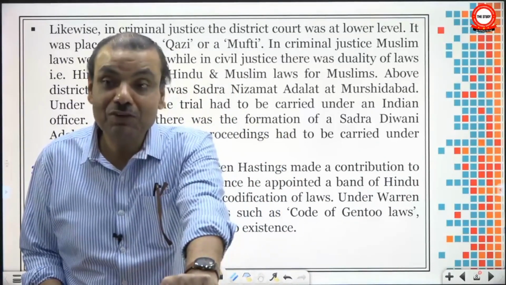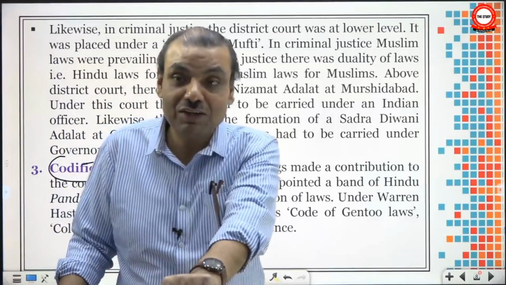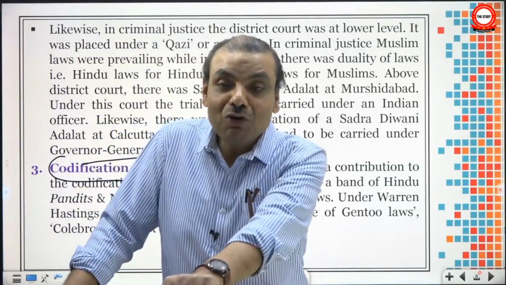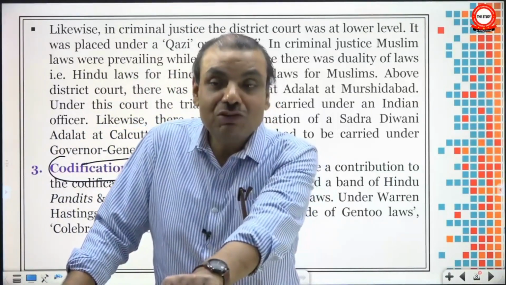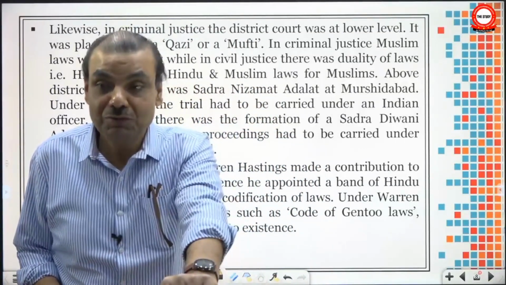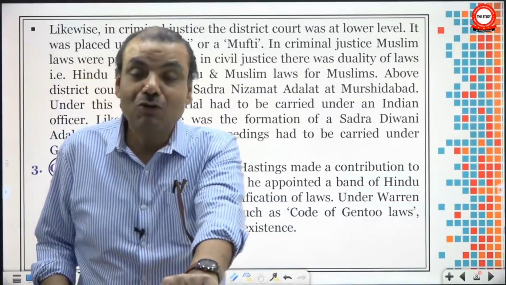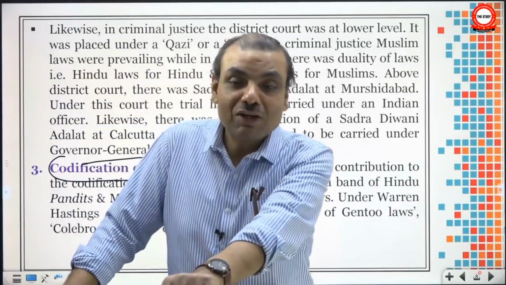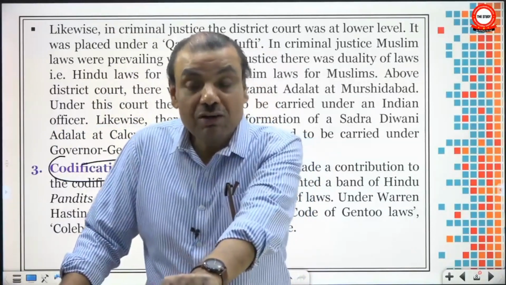It was not the representation of commoners. So whatever laws were codified were basically bearing the elitist Indian approach, and these laws were colored by the view of a clerical class.